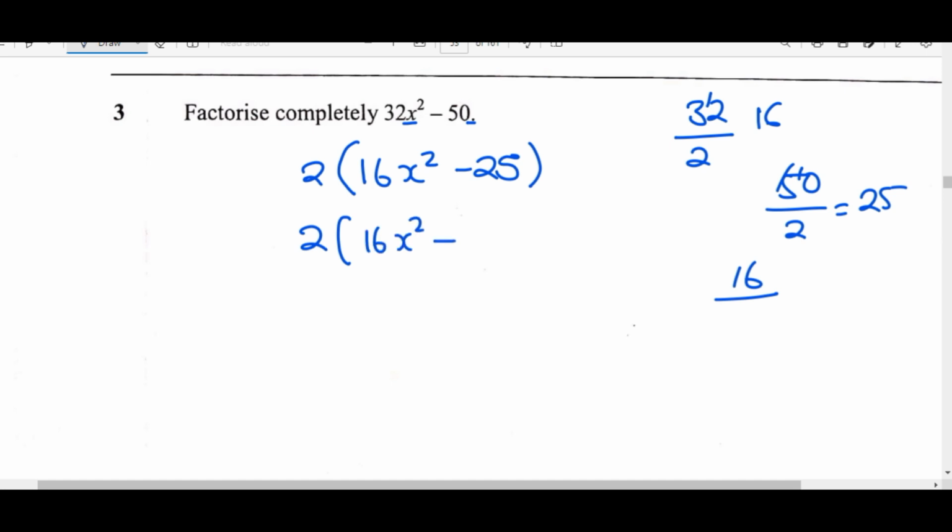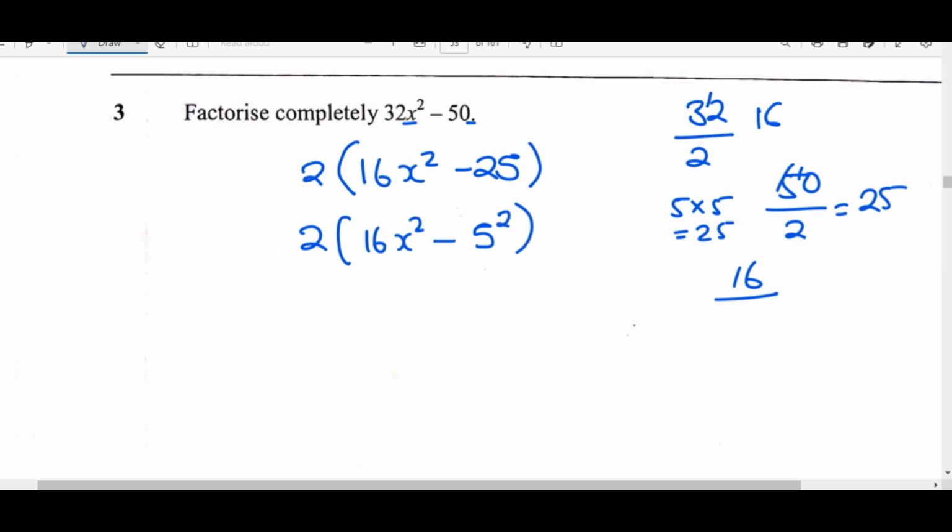This one, you raise it to a power so that it is very easy for us to work it out. Meaning that the number that we have to multiply to give us 25, what is that number? That is obviously 5 times 5, it will give us 25. So we're going to say 5 squared.